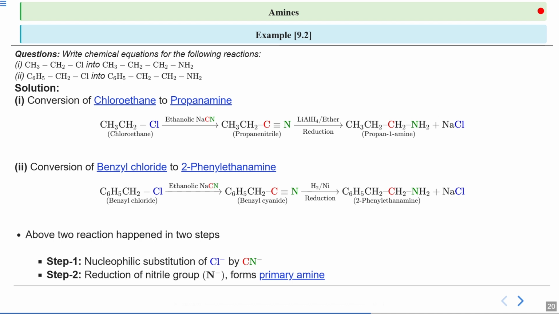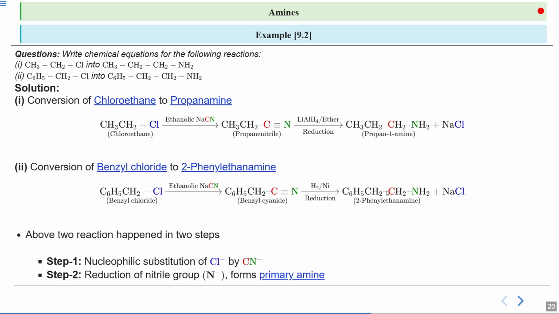Next, we reduce the nitrile group, which is carbon triple bonded to nitrogen, to a primary amine. This reduction can be done using reagents like LiAlH4 or hydrogen with a nickel catalyst. See, this LiAlH4 is a very good reducing agent. It doesn't require any catalyst.